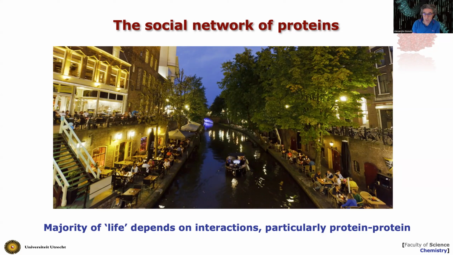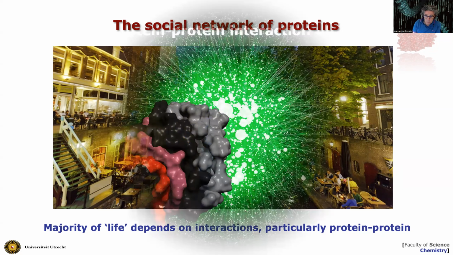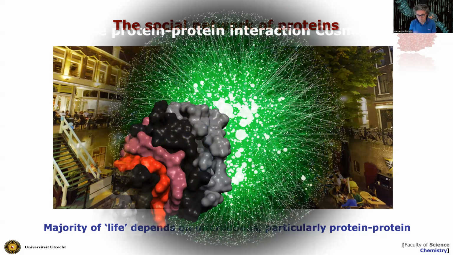So if we want to understand the social life of cells, we need to understand how molecules talk to each other. And for this, we need to take the step to understanding their 3D structures and the 3D structure of the complexes. So we have the genome, which is basically the genetic information coding for the protein.